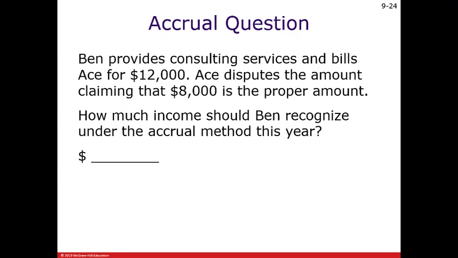All right, so question here, Ben provides consulting services and bills Ace for $12,000. Ace disputes the amount, claiming that $8,000 is the appropriate amount. How much income should Ben recognize under the accrual method this year? Well, at this point, he's provided the service, so the all events test has been met.